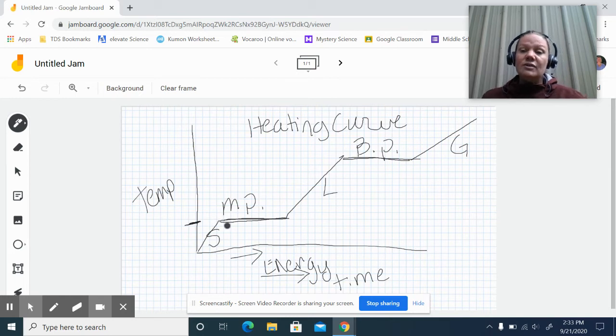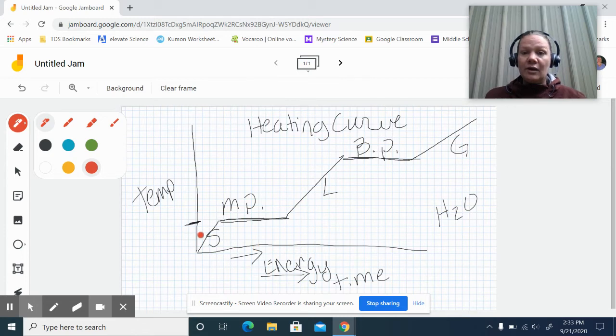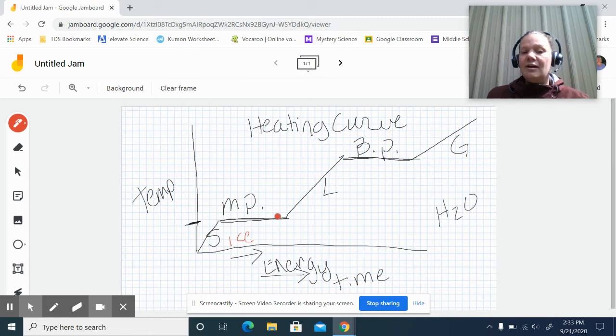Now, if we were to do this for, say, H2O, let me go ahead and switch colors here, and let's do that for H2O. As a solid, we know that that is called ice, and the point right here at which it changes into liquid water is going to be 0 degrees Celsius.